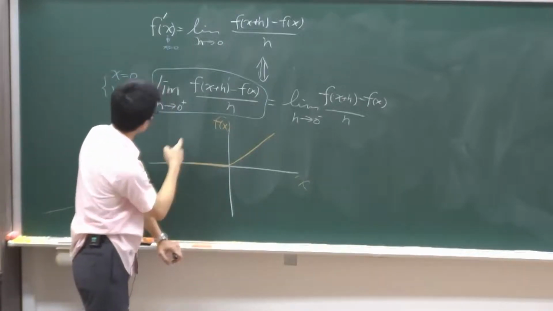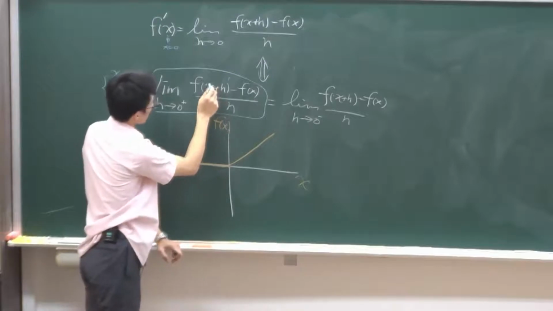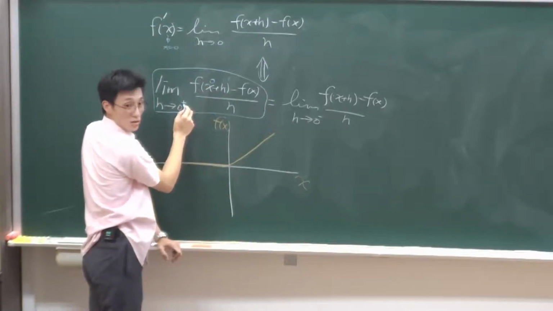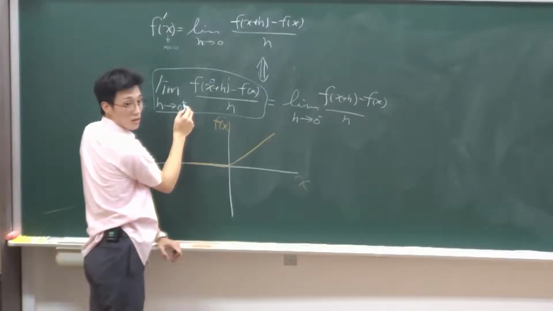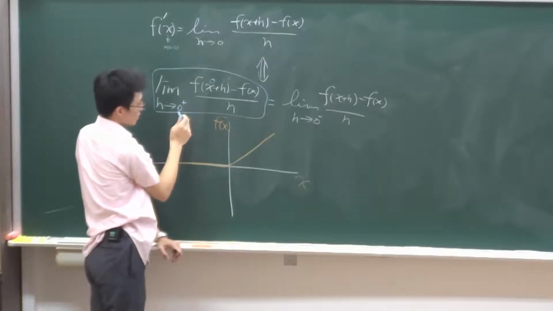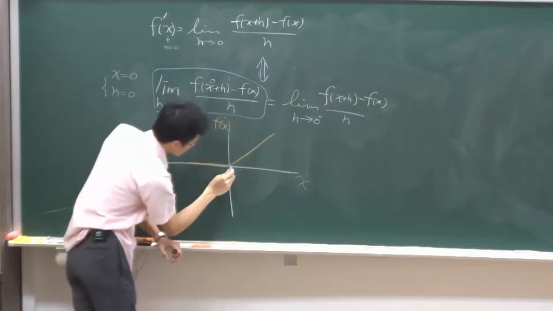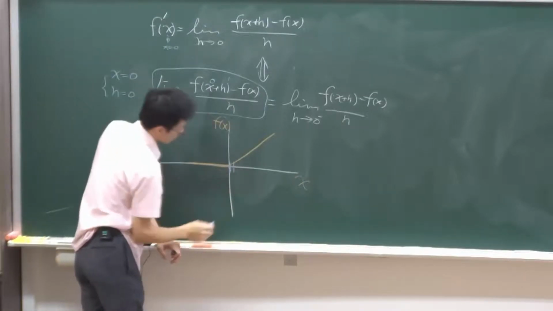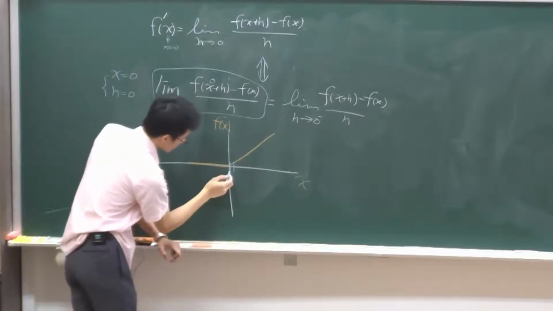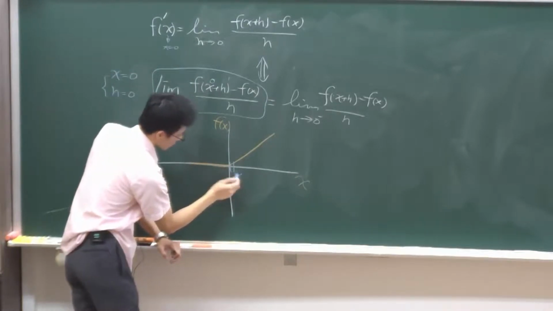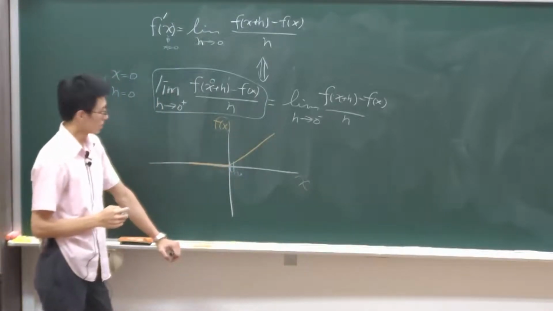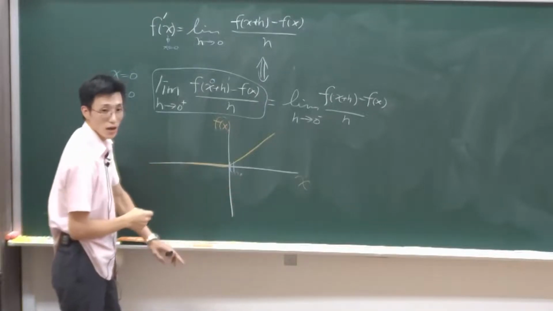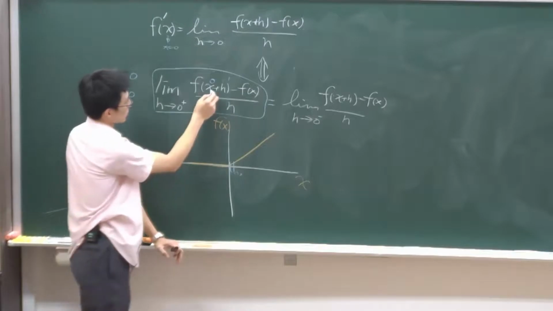So x is 0 and h is on the right-hand side of 0, meaning it's a little bit greater than 0, which is here. 0 is here. Here is 0 plus, a little bit larger than 0. And what is this?